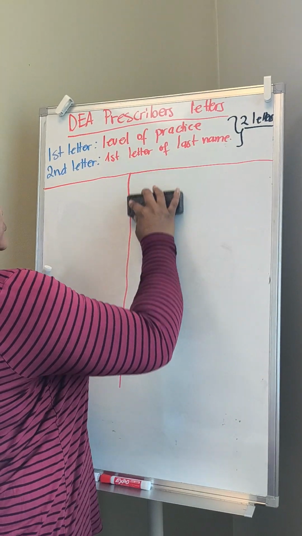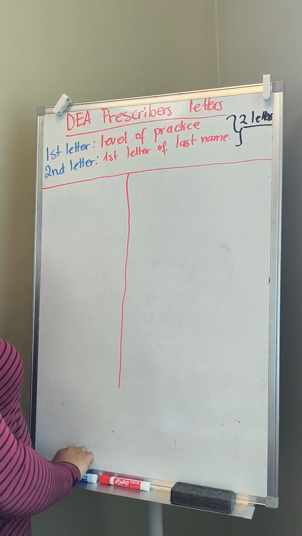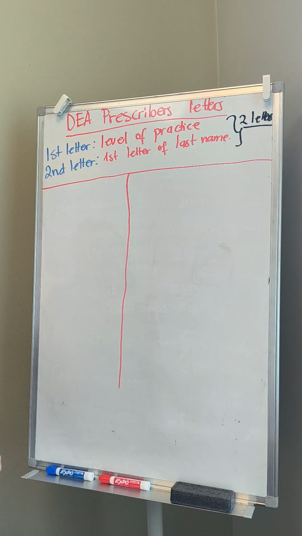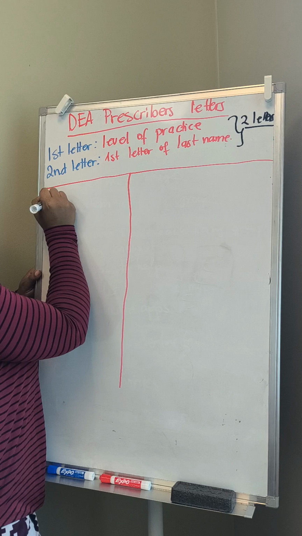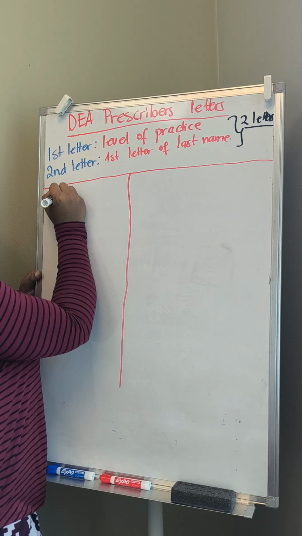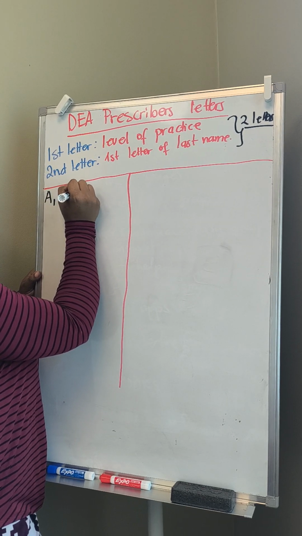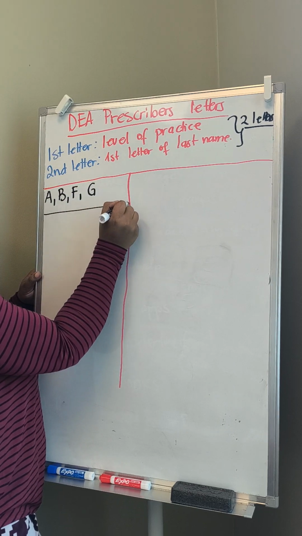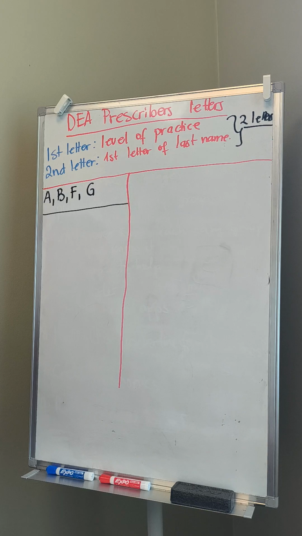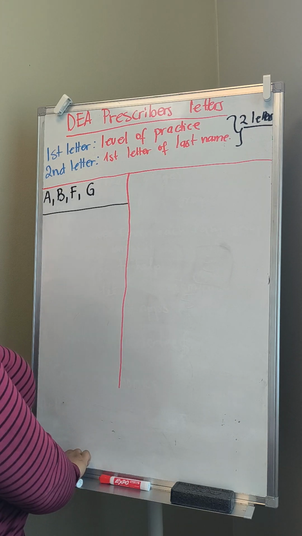So now let's break it down a little bit easier. So the first set of letters is going to be A, B, F, or G, all in one block. If I see A, I know it's a doctor. If I see B, it's probably a doctor. F or G tells me that I'm dealing with a doctor, a dentist. I'm gonna write it down, don't worry.